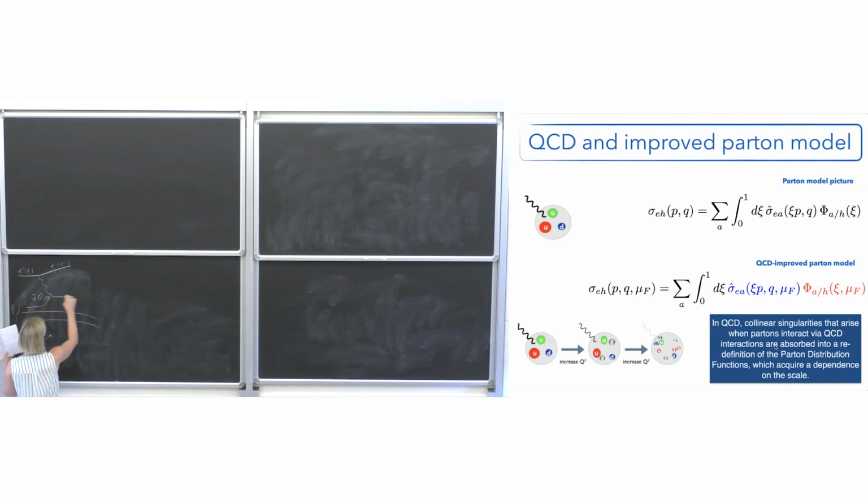And then here we have the scattered parton, which has momentum xi p plus q, where q is the virtuality of the exchange boson, okay? This is what we call x. So this corresponds to the formula over there, okay?